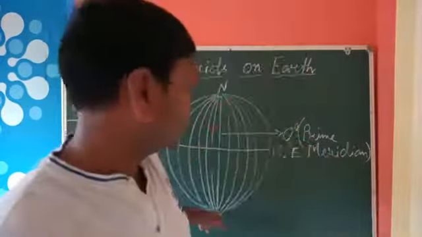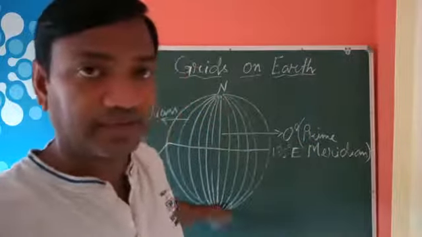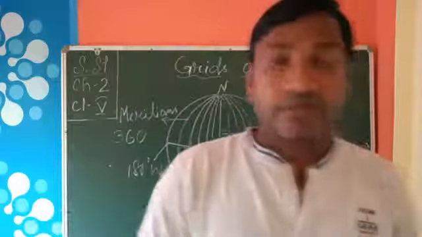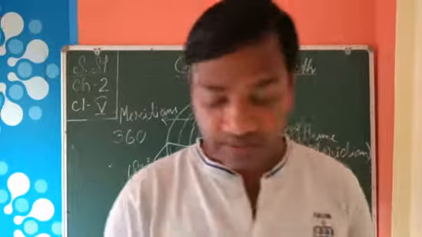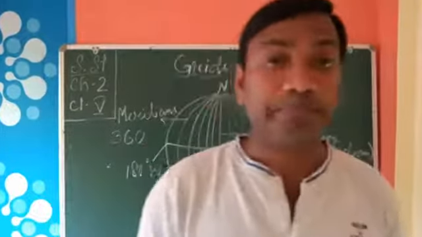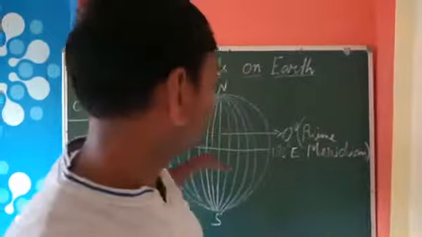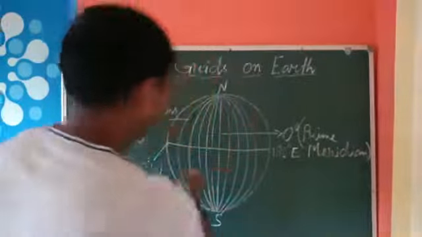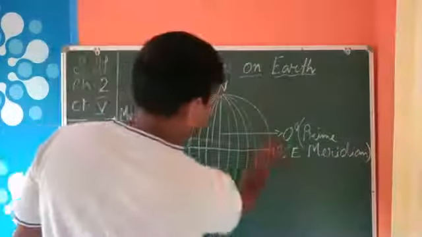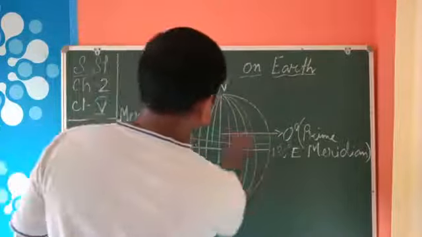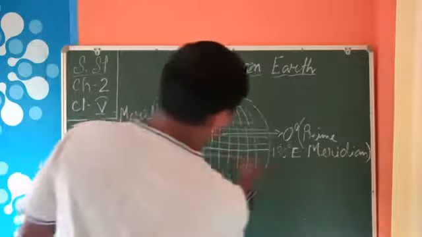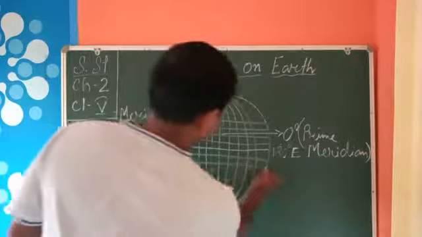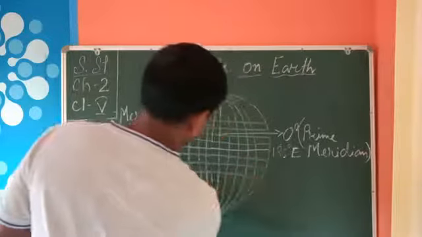Their length is same. Okay. Now this is about the longitude. Now how to locate a place? Now we have found these lines. That means here we find the parallels, and there are 180 parallels.